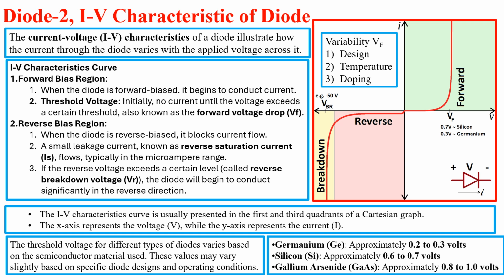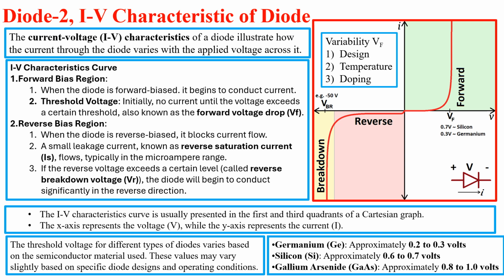For a germanium diode, it is about 0.2 to 0.3 volt, and the value varies depending on many other factors. After the threshold, the current increases rapidly with a small increase in voltage, indicating very low dynamic resistance.